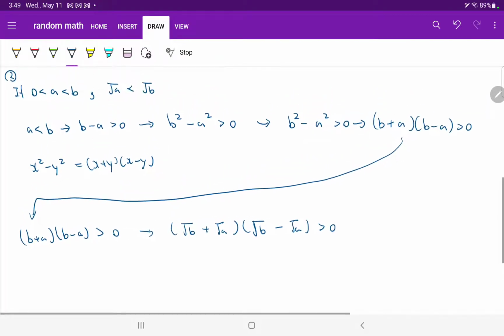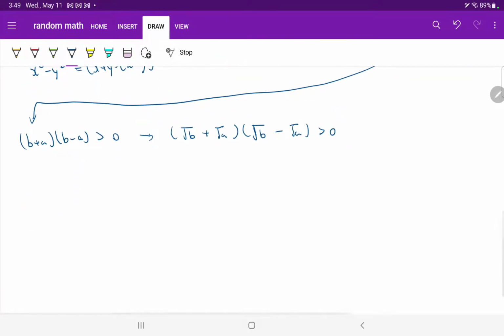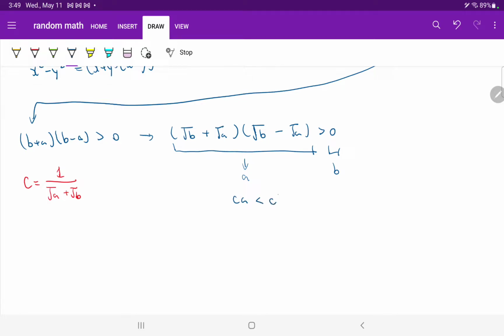So our next step is to use our property A, which is kind of confusing because the c we choose here is actually, that's right, c equals 1 over square root of a plus square root of b. So if we choose this thing over here as our a and 0 as our b, the property says that ca is smaller than cb.